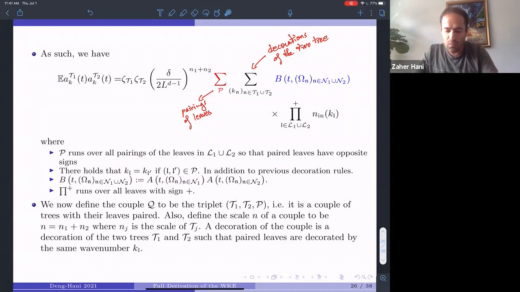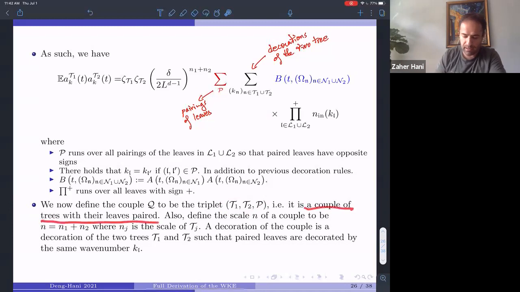Okay, so now we introduce a new object, which is a couple, and the couple is a triplet of the two trees, T1, T2, and the pairing. So if we fix the pairing, then we get a couple. We get two trees whose leaves are completely paired to each other. So a couple are two trees with their leaves paired.